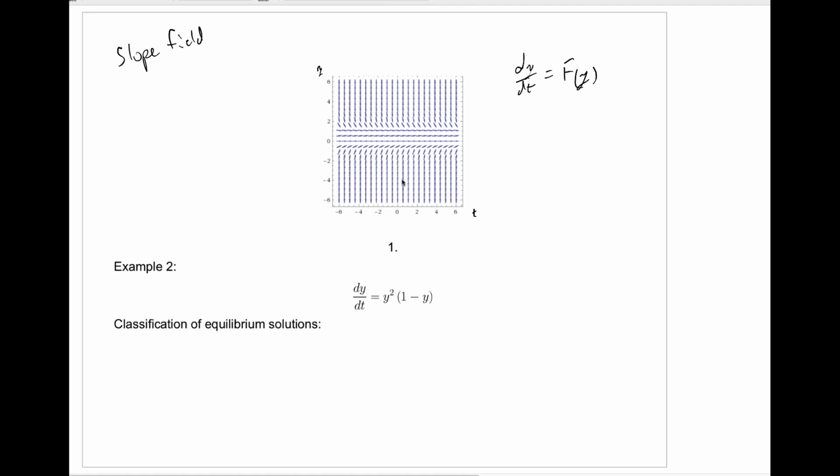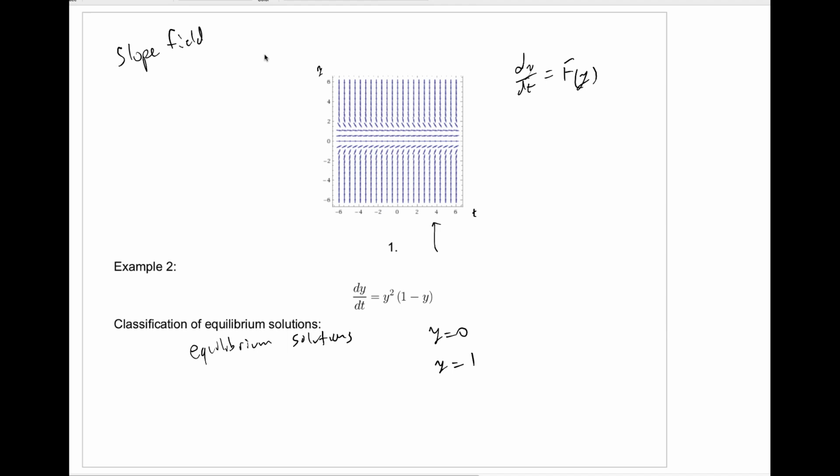Now, this is the slope field for the differential equation dy/dt is y squared times 1 minus y. That's the one that I've shown up here. And immediately you can see that you have equilibrium solutions y equals 0, and y equals 1. Those are clearly the two roots of this function, y squared times 1 minus y.